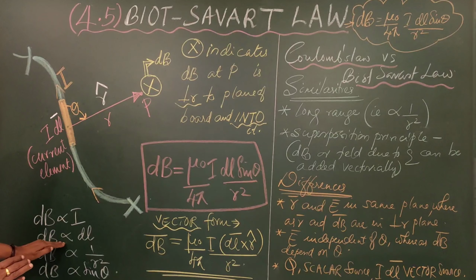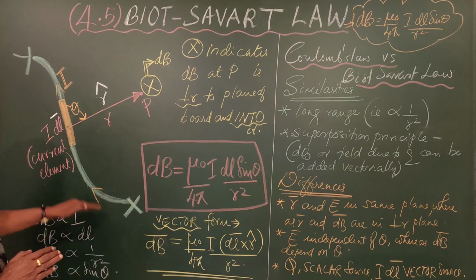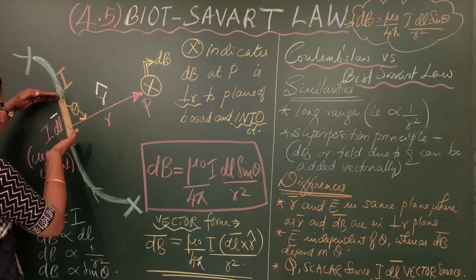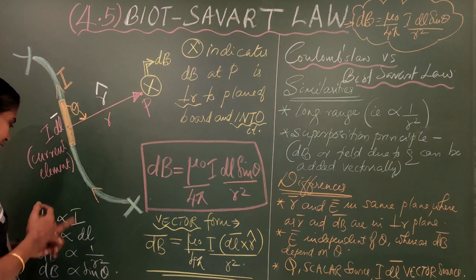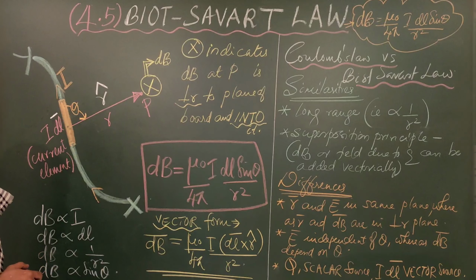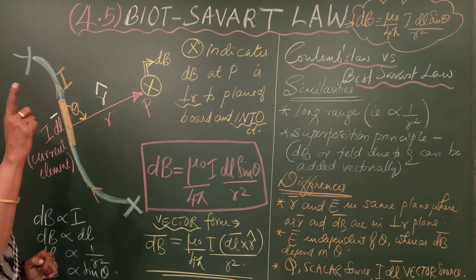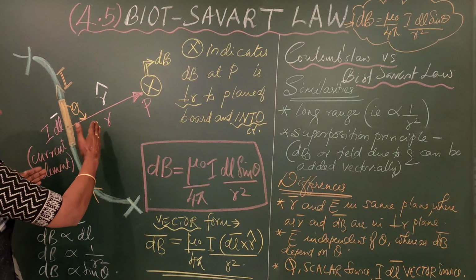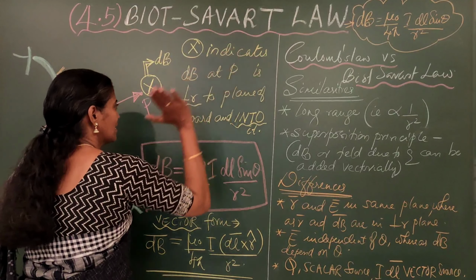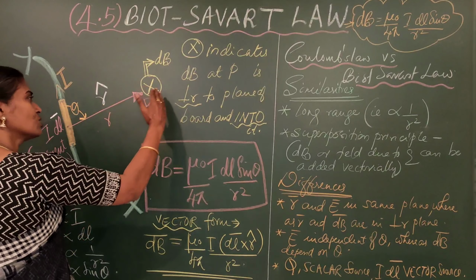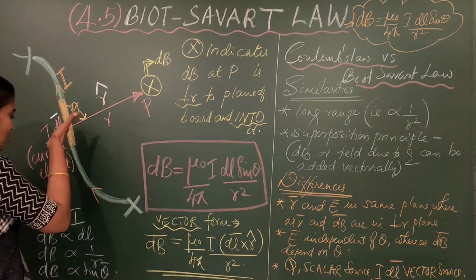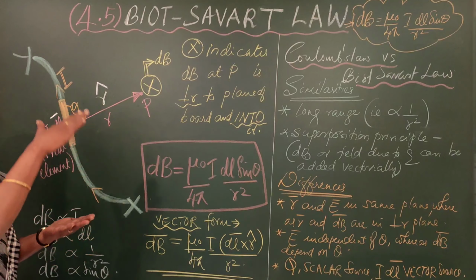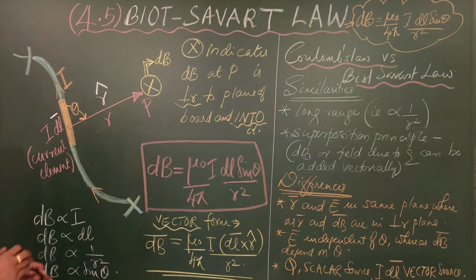And dB is again proportional to dl, the length of the current element, and to 1 by r square, the inverse square law. You have studied it in electrostatics also. So as r goes on increasing, the magnetic field goes on decreasing, inverse proportionality.